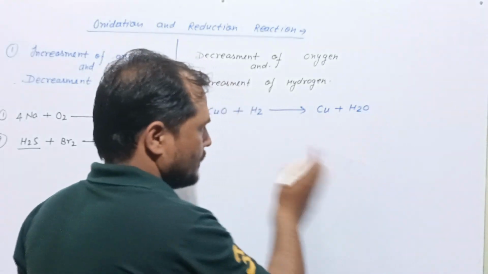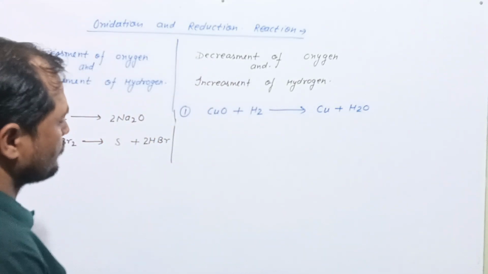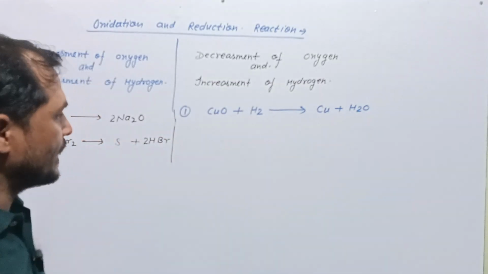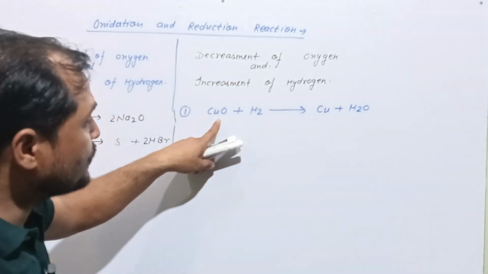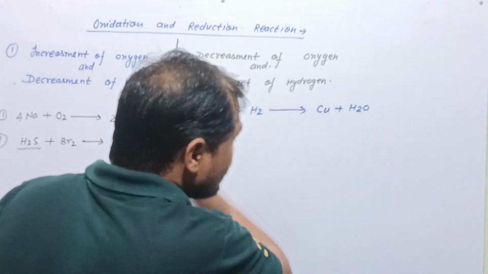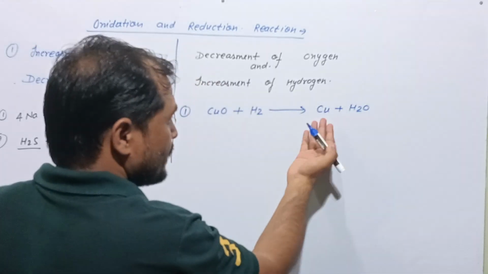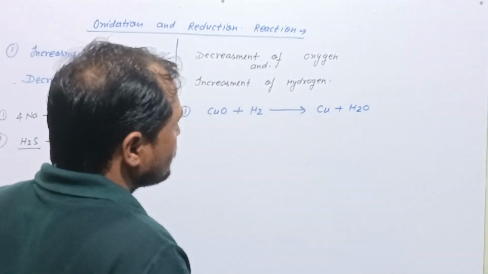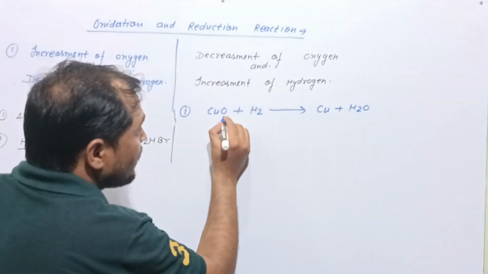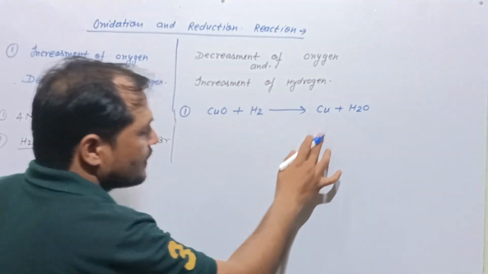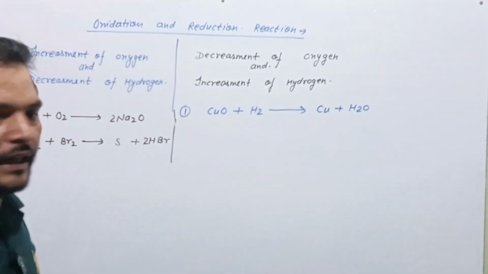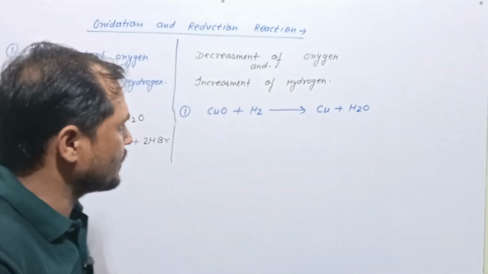Now let us see, in the reactant part, oxygen is with copper. In the product part, there is no oxygen with copper. Means oxygen has been decreased. Hence, it will be a type of reduction reaction.